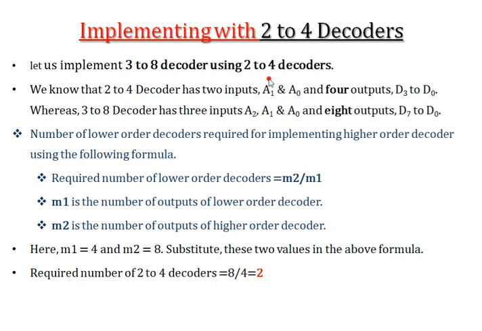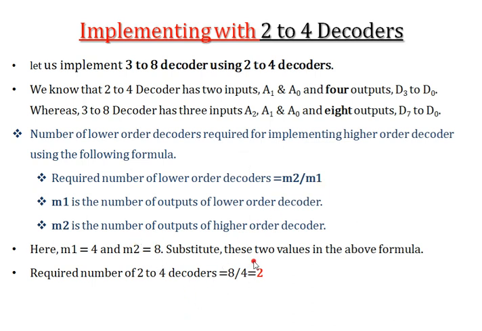Lower order is 2 to 4, with 4 outputs, so M1 is 4. Next, M2 is the number of outputs of the higher order. Higher order means 3 to 8, with 8 outputs, so I have taken 8. M2 by M1, so 8 by 4, that is 2. Observe carefully, M2 by M1 is the formula.